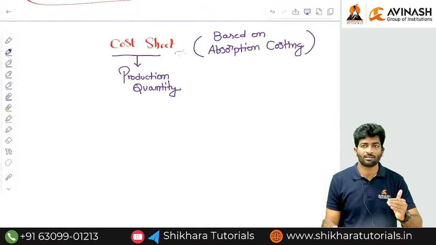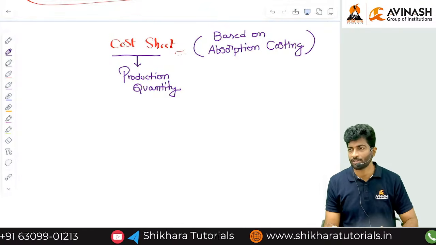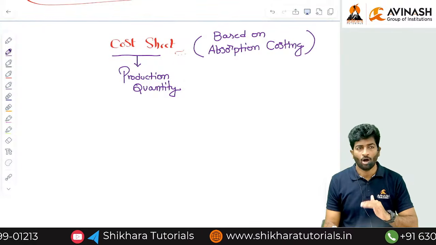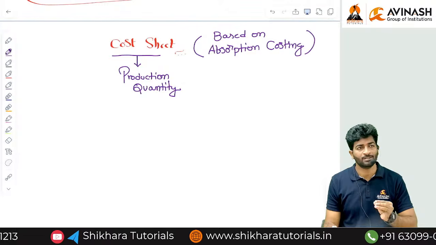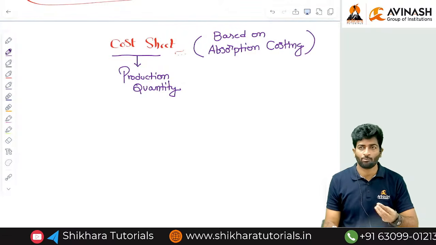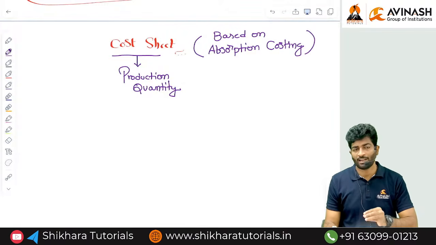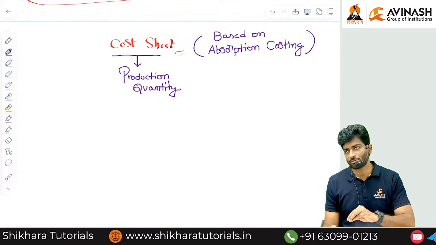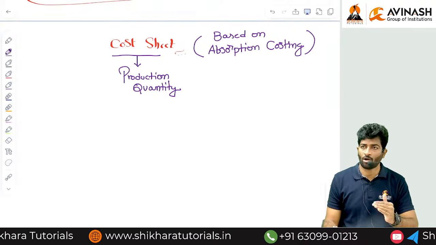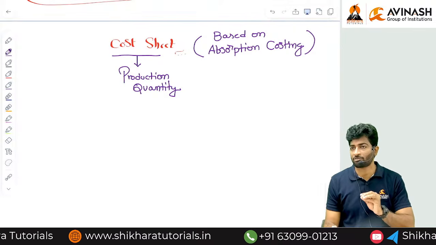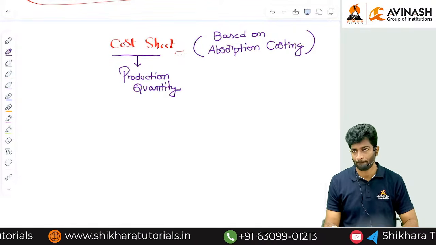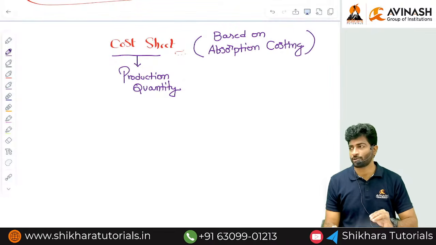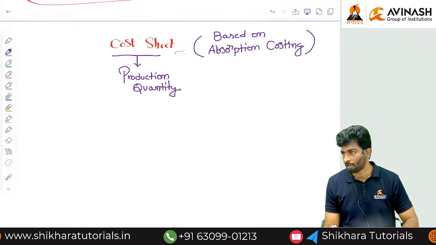So in our profit statement under marginal costing, you have sales minus all variable expenses, whether in factory, administration, or selling and distribution. After that, you arrive at contribution. Minus fixed cost, you arrive at operating profit.